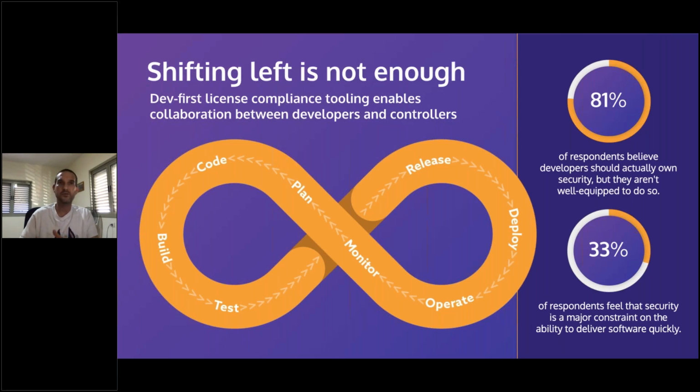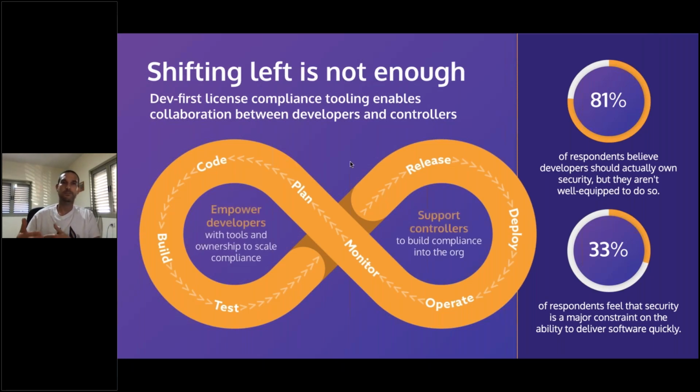And a developer-first license compliance management solution does that by first giving developers the ownership to embrace license compliance fully with the right set of tools, and second, supporting the controllers to fully integrate and build license compliance into the organization.